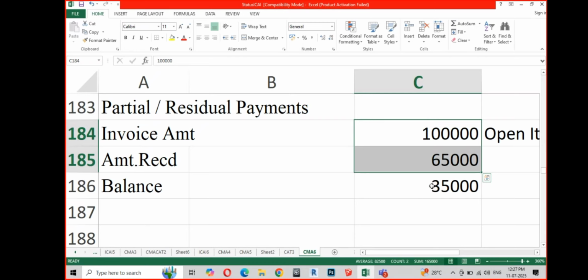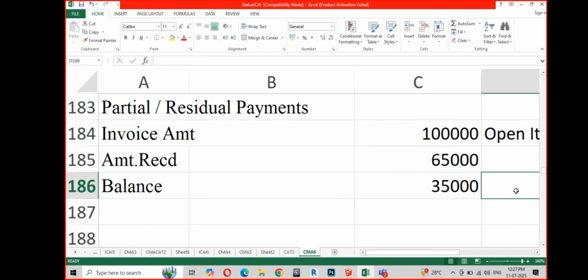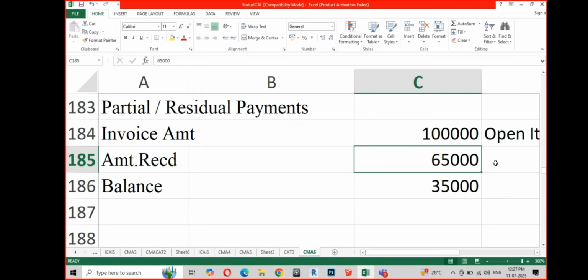Now, 35,000 will be the balance, unpaid, to be received or whatever. In the scenario of partial payment, both of it will be shown. The original invoice and the payment which has been received against this particular invoice, both of it will be shown.